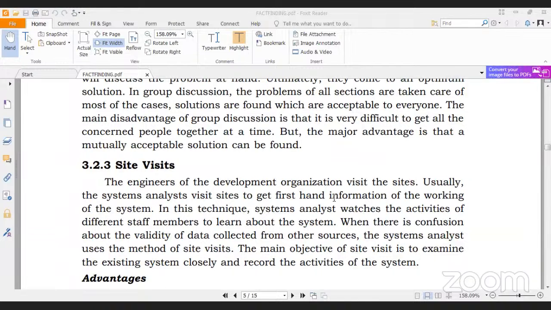So actually, the site visit is the most interactive mode of fact-finding techniques or data collection techniques, you say.